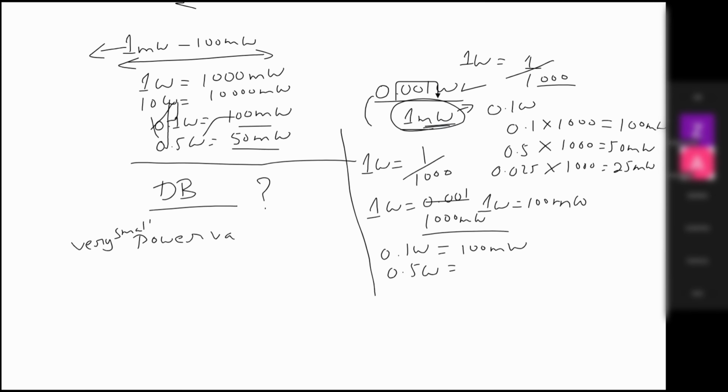Even milliwatt is not enough, as milliwatts will also go to 0.001 milliwatt, 0.0001 milliwatt. So watts are unimaginable in the Wi-Fi space. Milliwatts, like 1 milliwatt to 100 milliwatt, is the power that goes out of the antenna. That is the range.